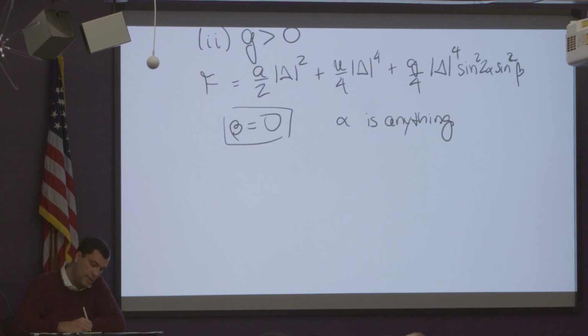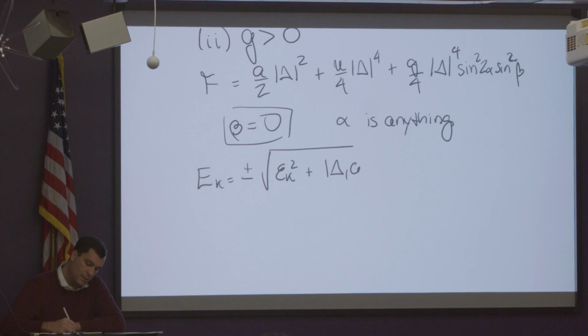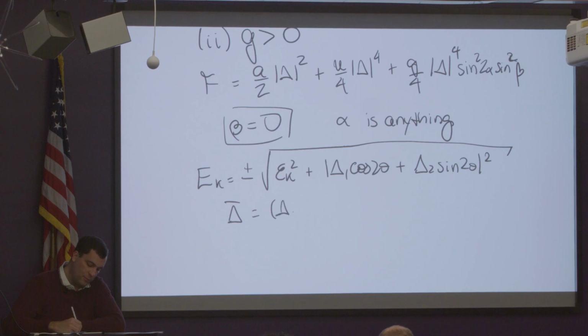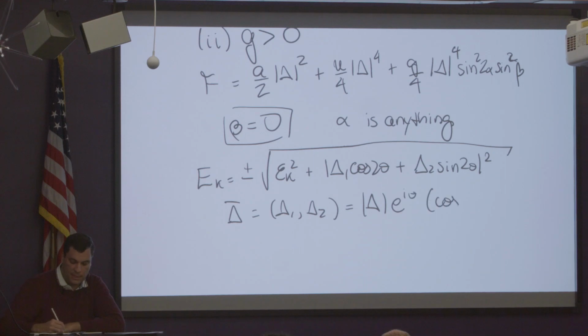So let's again look at the energy. Now I have again epsilon, x squared, k squared, plus, remember, delta 1 cosine 2 theta plus delta 2 sine 2 theta, squared. Now, remember, my delta, which is delta 1, delta 2, is going to be mod delta e to the i theta, and now it's just cosine alpha, sine alpha. Alpha is undetermined, but the relative phase is now 0.